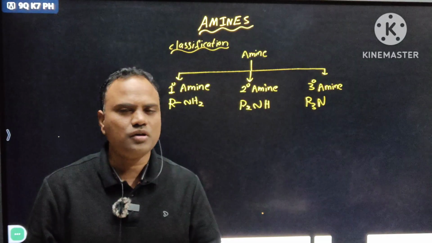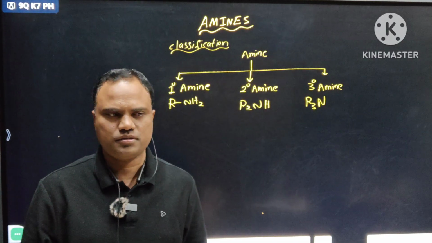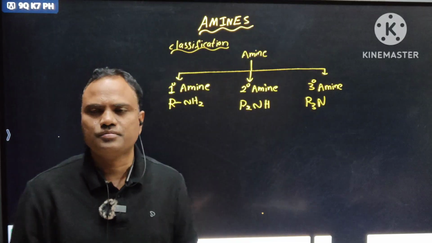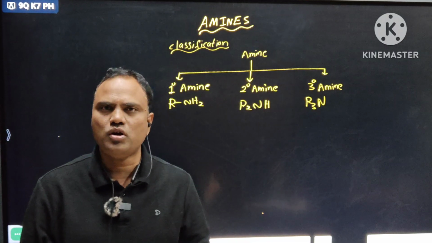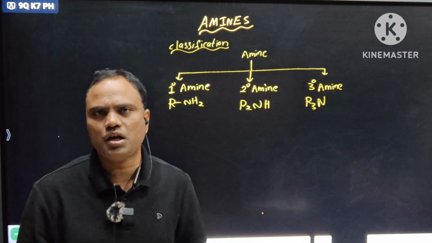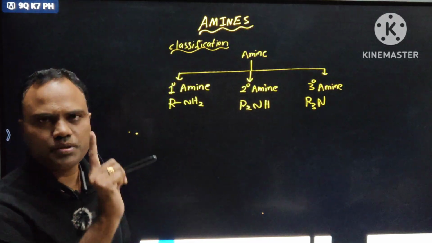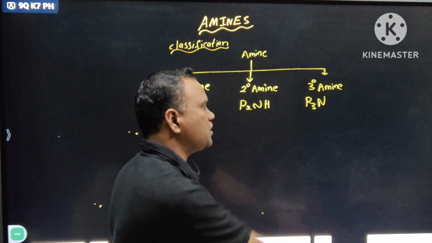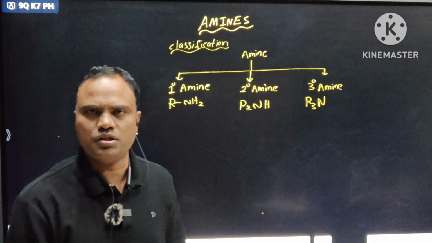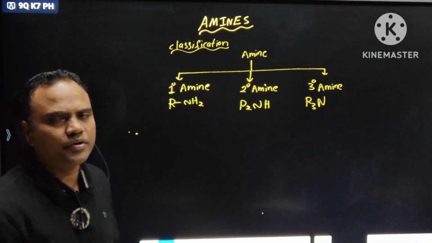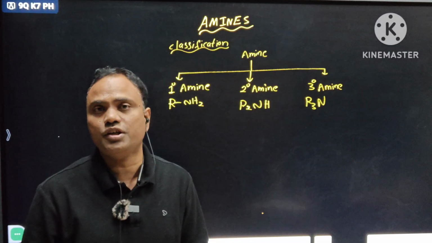Around nitrogen, observe how many alkyl groups are present. Other than hydrogen, the bonds or groups are considered as alkyl groups. 1 alkyl group, primary; 2 alkyl groups, secondary; 3 alkyl groups, tertiary. This idea is very important, having an idea about 1 degree, 2 degree, 3 degree amines.